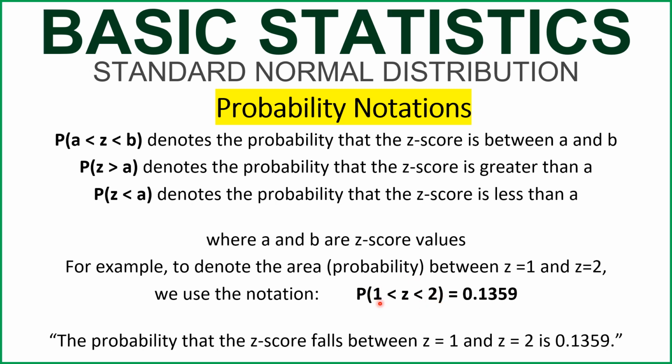To find the area between 1 and 2, just get the area of 1 and the area of 2 from the z table, then subtract the smaller area, the area of 1, from the bigger area, the area of 2, to get 0.1359, or 13.59% in percent. So therefore, the probability that the z-score falls between 1 and 2 is 0.1359, or 13.59%.